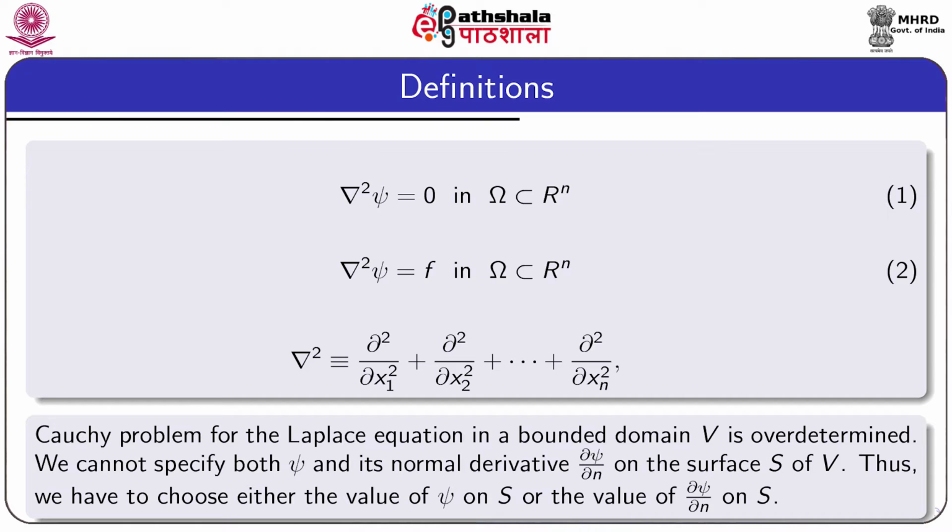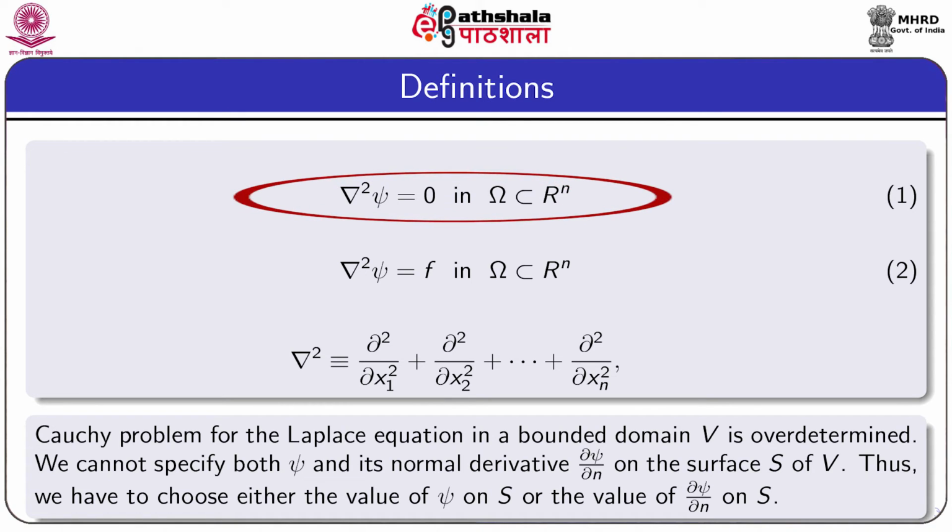Now, I am going to the first slide of module 1. The Laplace equation with n independent variables can be written as grad square psi equals to 0, where the domain of the function is the set omega, which is subset of Rn.